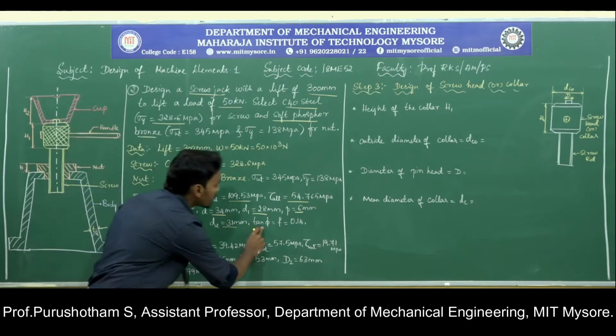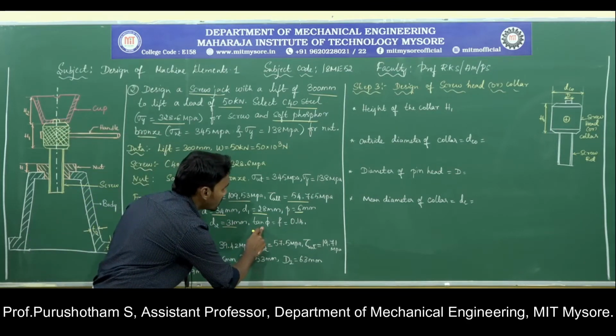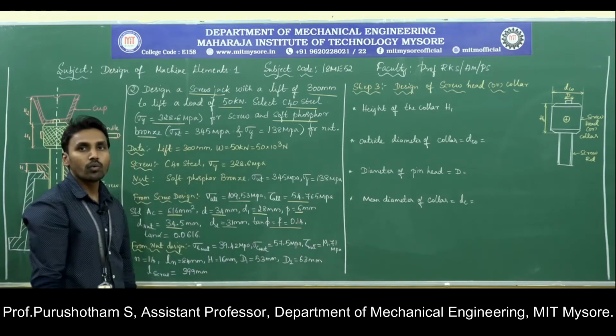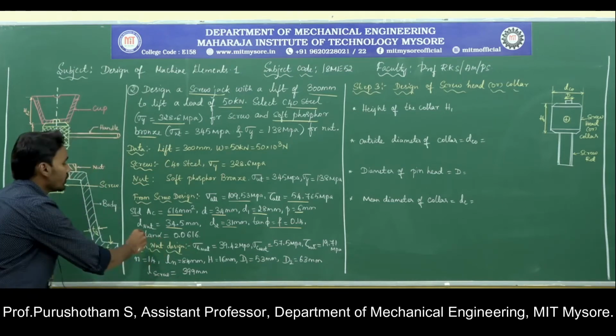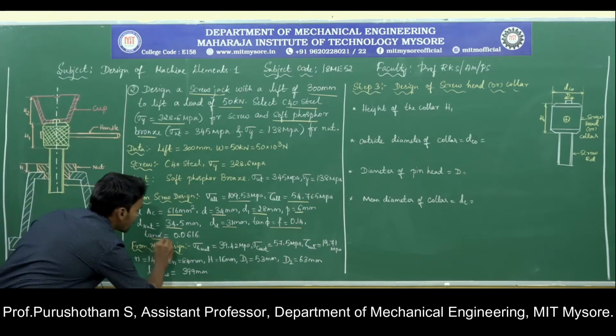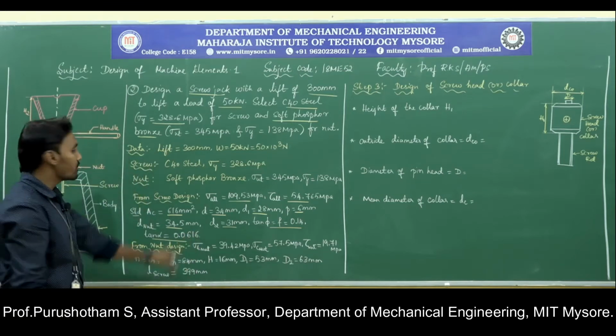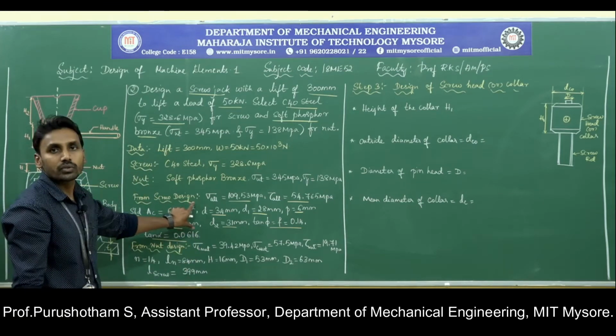The coefficient of friction, tan phi, which is equal to F, is 0.14. Then from the inclined plane concept, tan alpha is 0.0616. This is from the design of the screw.